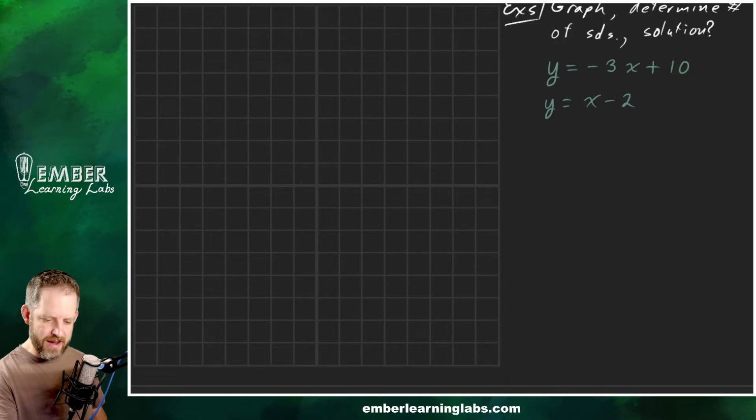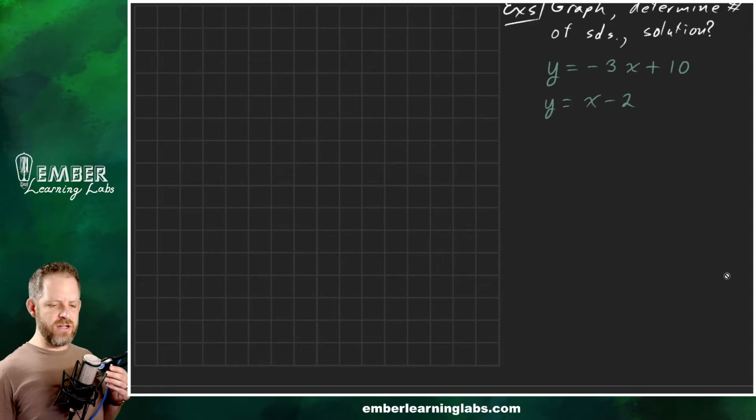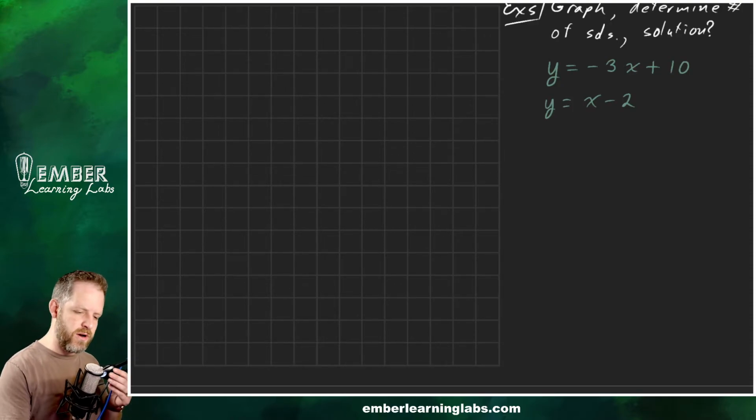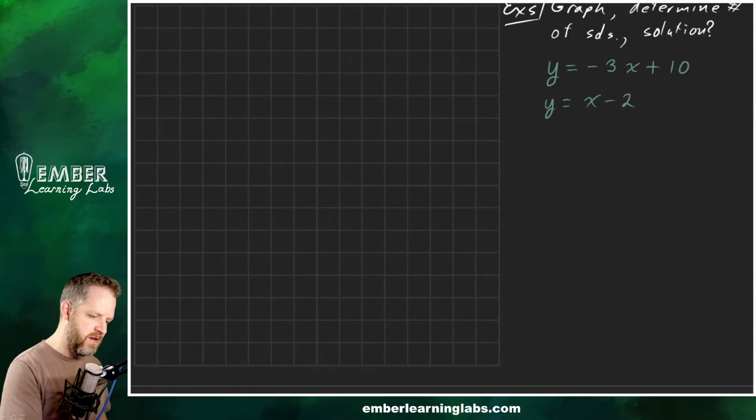Plop that guy and hide this one. Yeah, that'll work. That'll do what we need it to do. So now I'm going to move my axes off center so that I have enough space to graph both of these. So let's move it from here.